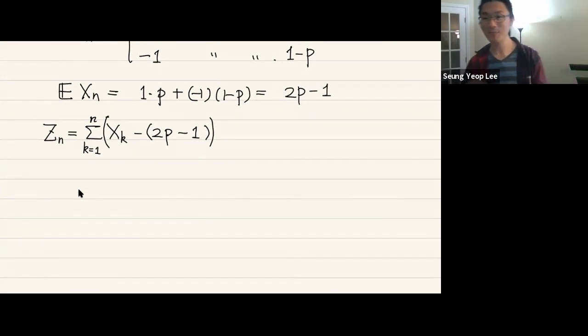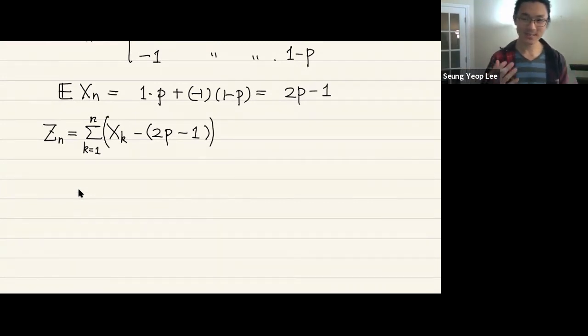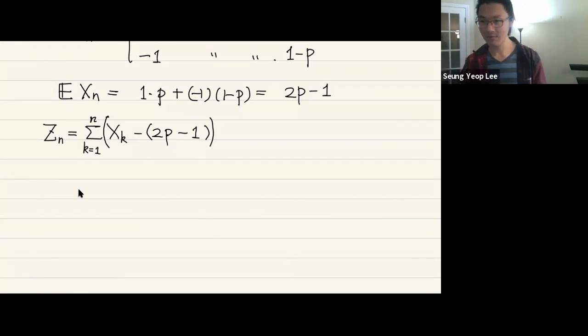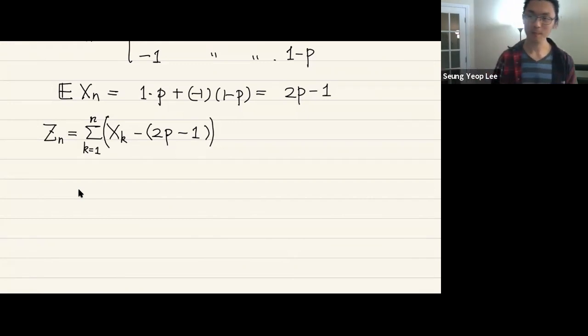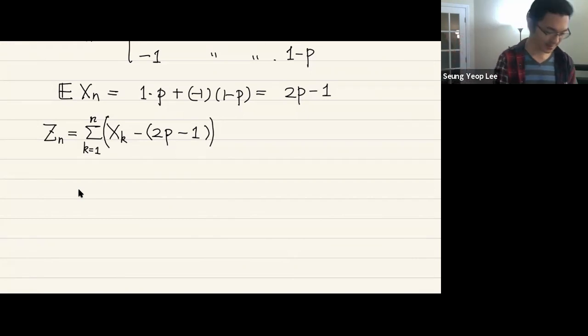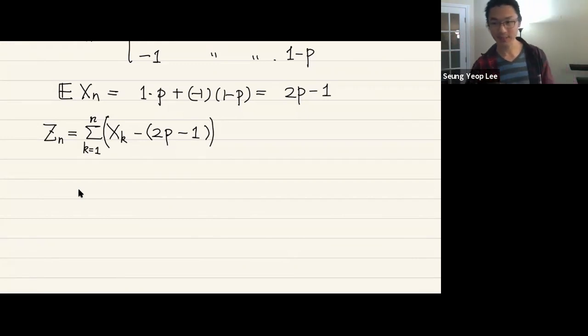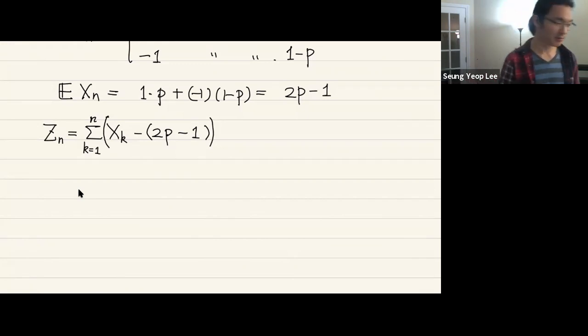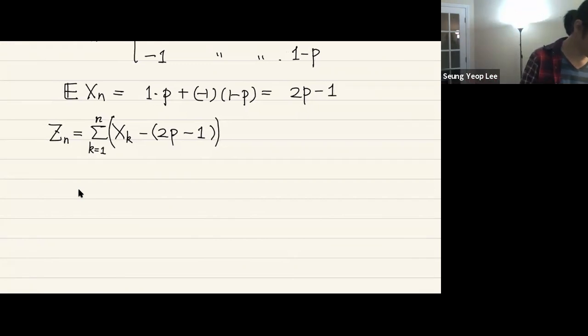So Zn is a martingale because Zn and Zn minus 1 have the same expectation, because the difference is exactly xk minus (2p minus 1), and those have mean 0. So the increment has mean 0, therefore the mean of Zn is preserved.